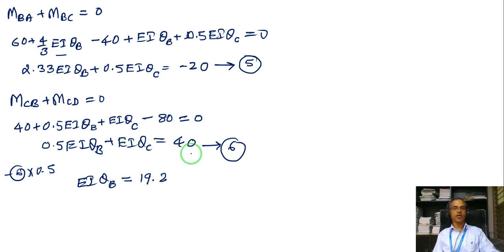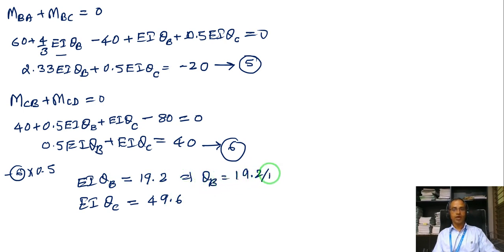Substituting back into equation 5 or 6, EI theta C is equal to 49.6. So theta B is 19.2 by EI, and theta C is 49.6 by EI.